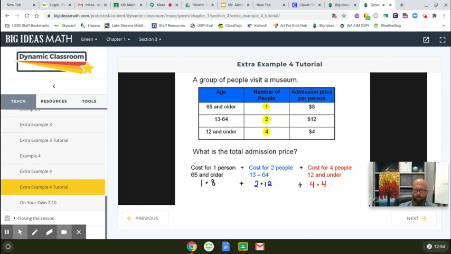So, an expression to represent the total admission price is 1 times 8 plus 2 times 12 plus 4 times 4.